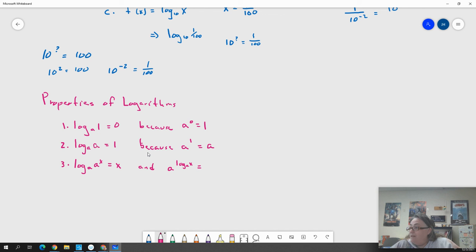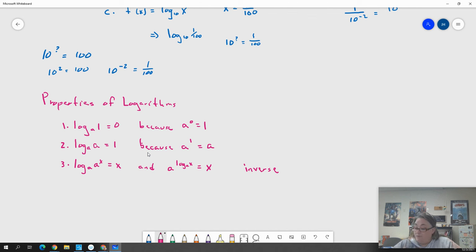Why are they inverse? Because they take us back to x. Do you have to memorize these? No, but you should have them open while you're doing your assignments so you could recognize them, right? These are considered our inverse properties.